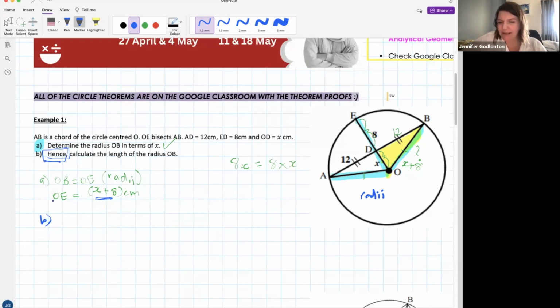What type of triangle is it? My hint is look at angle D. And then tell me what type of triangle this is.